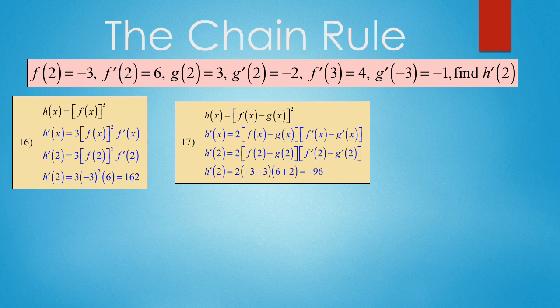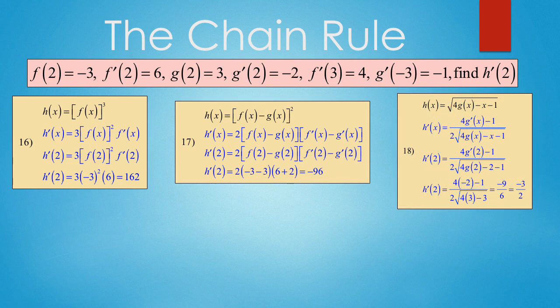The derivative of f is f prime, and the derivative of g is g prime. So we now plug in the 2, and we get 2 times the quantity f of 2 minus g of 2 times the quantity f prime of 2 minus g prime of 2. At this point, go up to your chart above and fill in the information, and your answer is h prime of 2 equals negative 96.